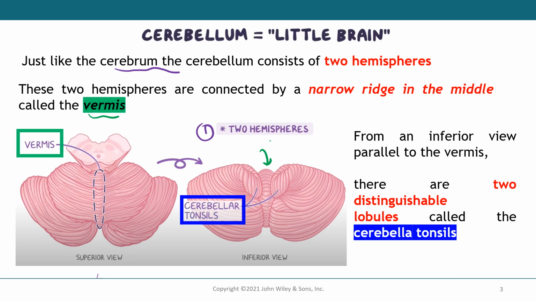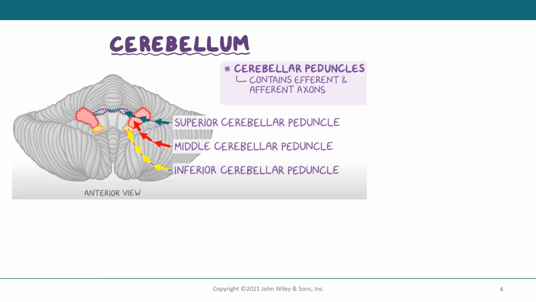Now let's talk about three key structures that can only be seen from the inferior view. In this slide, we are going to talk about these structures called the cerebellar peduncles. Those are formed by efferent and afferent axons.